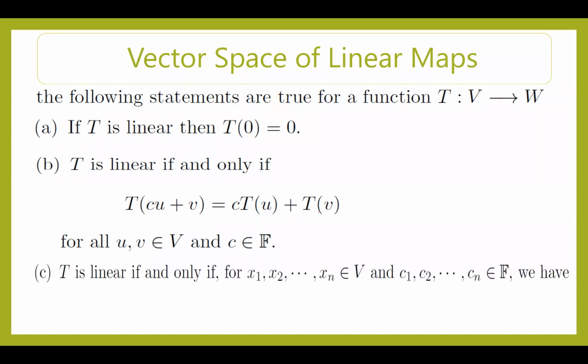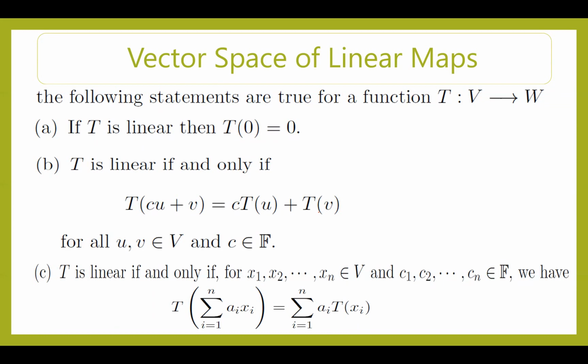And lastly, T is linear if and only if for this set of vectors in V and this set of constants in F, we have that T of the sum of a_i x_i is the sum of a_i T of x_i.